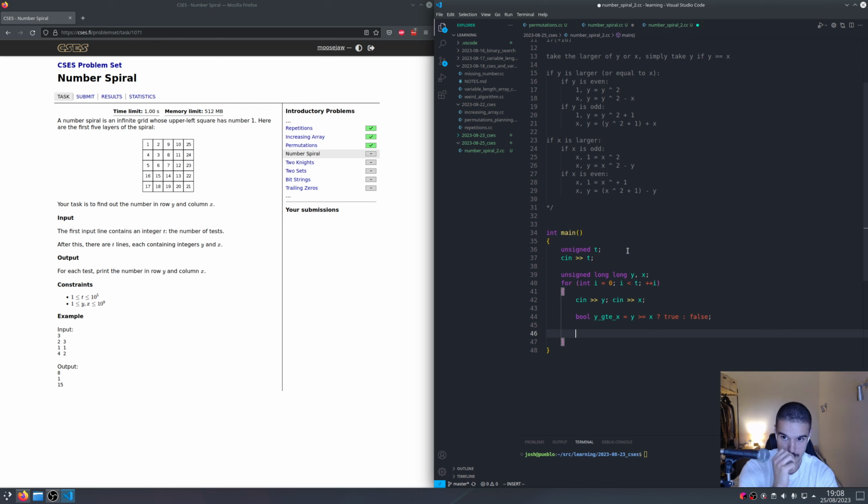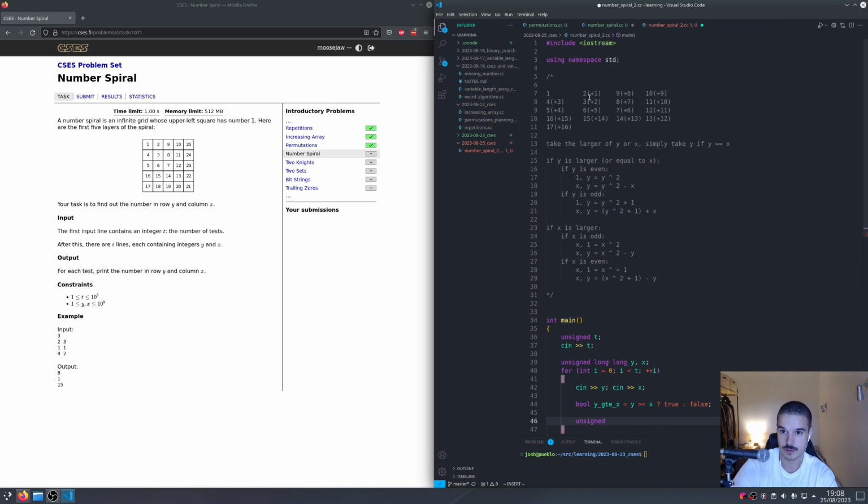So that actually means we want to check for odd. We check whether something's even or odd by doing floor division.